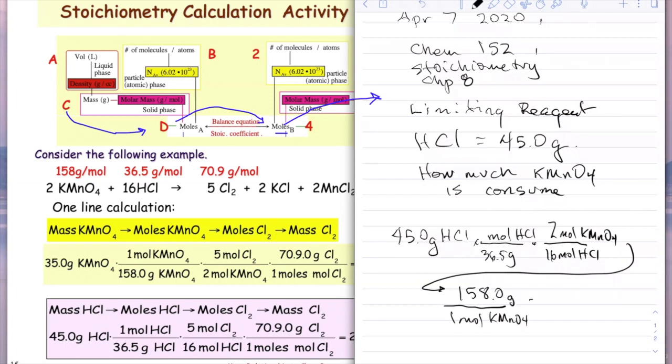So if you do this calculation, and let me get my calculator out, this will tell you how much potassium permanganate is actually going to be consumed. If you take 45 and divide it by 36.5, multiply it by 2, divide by 16, and multiply by 158, you're going to get 24.35.